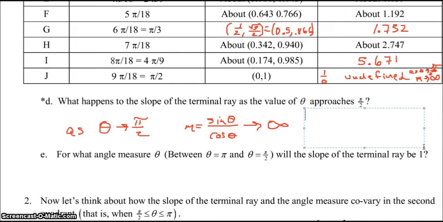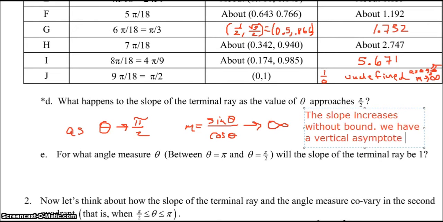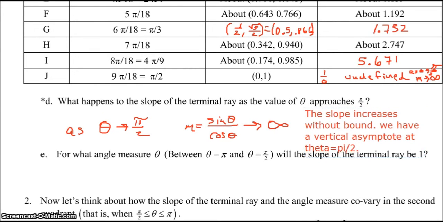So essentially, the slope increases without bound, and we have a vertical asymptote at theta equals pi over 2. So if we graphed the slope on the y-axis and the theta on the x-axis, we'd have a vertical asymptote at pi over 2.